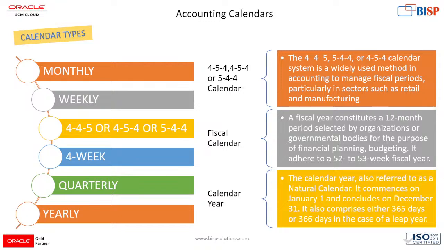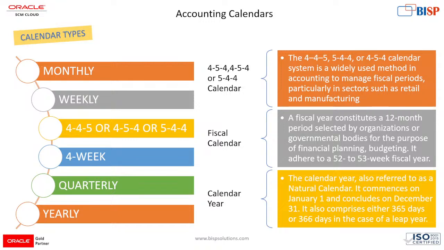Now, moving to the fiscal calendar. The fiscal calendar constitutes a 12-month period selected by organizations or governmental bodies for the purpose of financial planning, budgeting, and reporting. Unlike the conventional calendar year, which commences from January 1 and concludes on December 31st, the fiscal year can be tailored based on specific requirements and conventions.